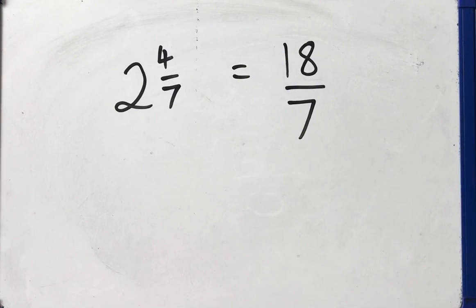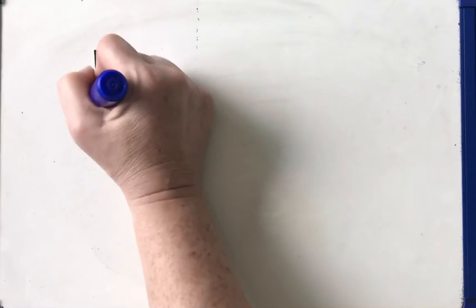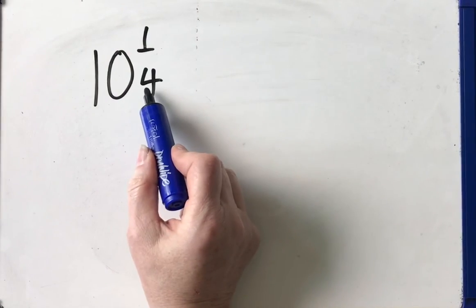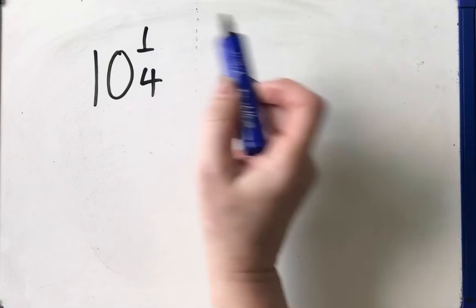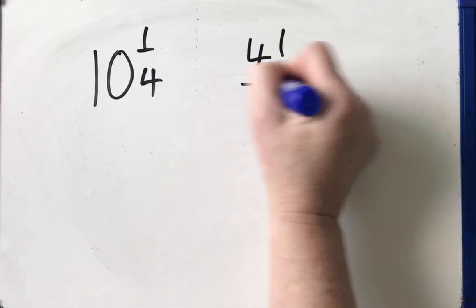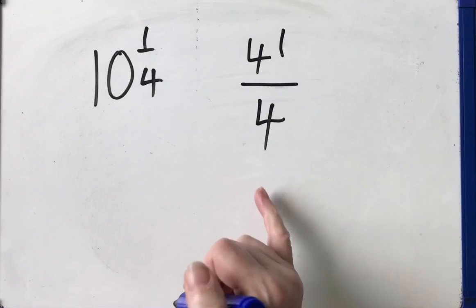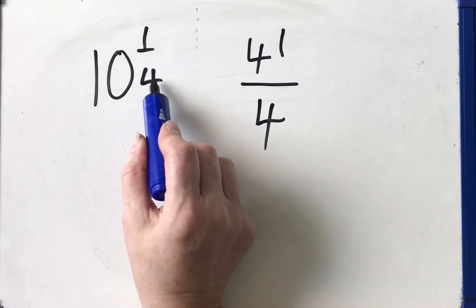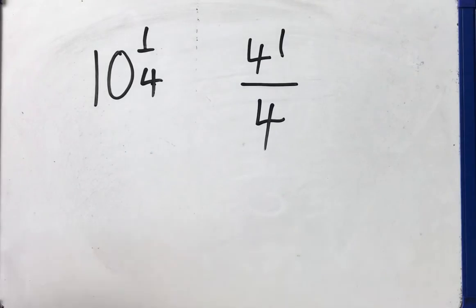I'll do another couple of examples and then you can have a go at some. 10 1/4, mixed number. 10 times the bottom is 40, plus the top is 41/4. Notice in all the examples I've done, the denominator is the same as the denominator on the fraction part.